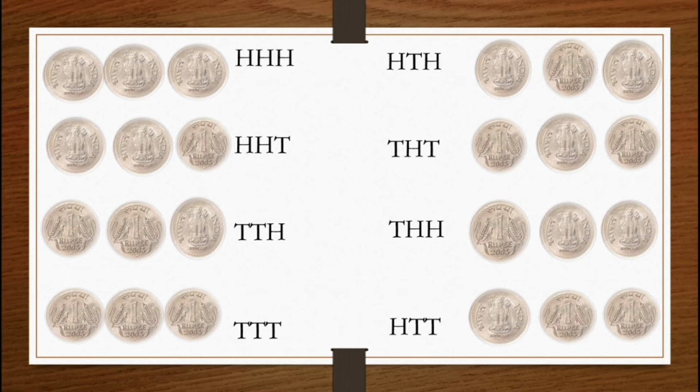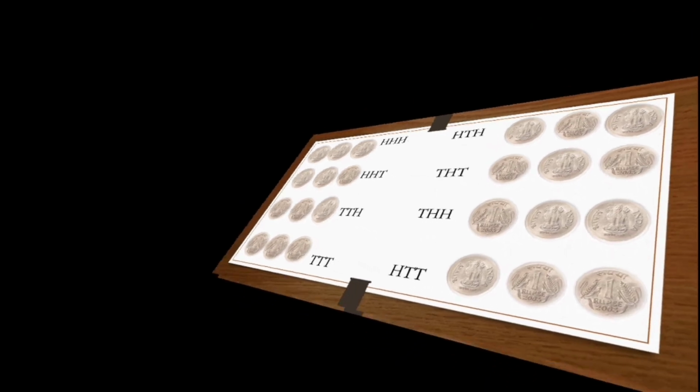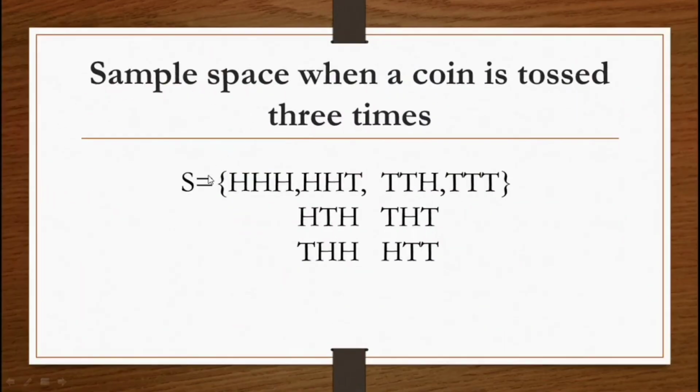Now, how will you represent the sample space? The capital S will be given by H, H, H, and here you write tail, tail, tail. Now, in two heads, insert one tail. Now change the order: you write tail in second place and in first place.